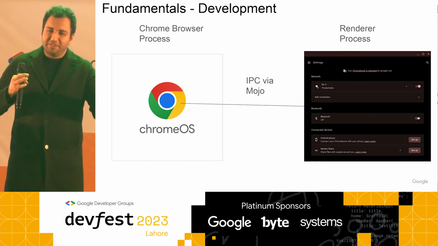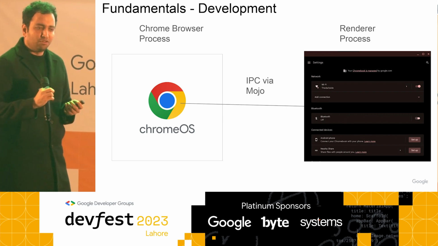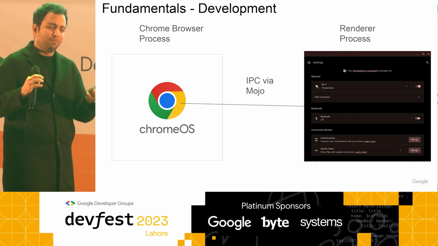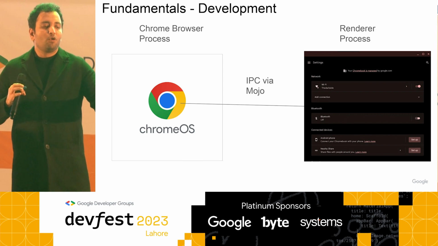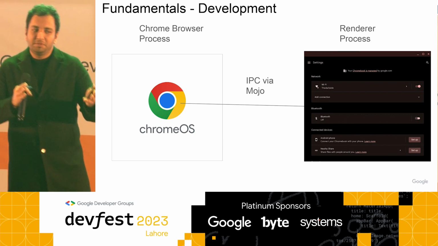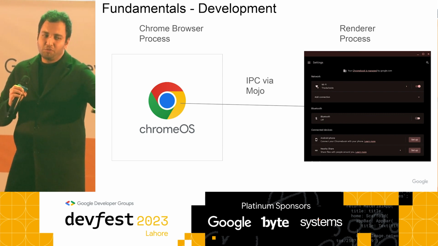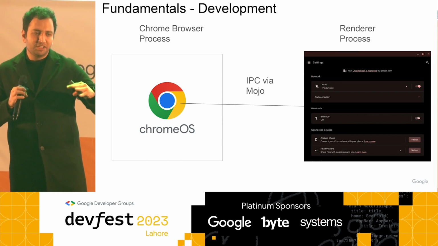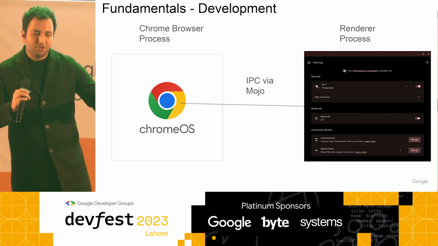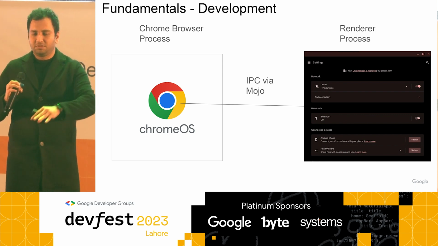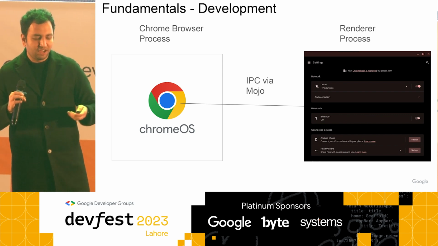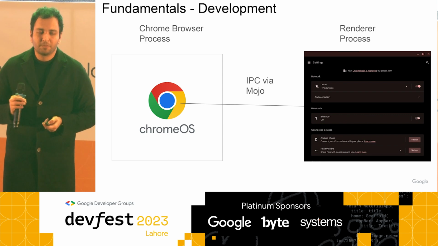Right, so this is a very, very high-level overview of how you do development. Of course, if we put more Chrome OS stuff there, you can also have dbus calls to platform-specific code. But for the Chrome browser and the UI stuff, this is how you do it. You have C++ code, you have some JavaScript code, and then you communicate via inter-process communication using Mojo.